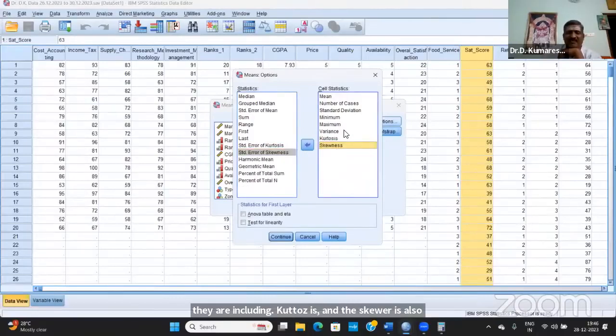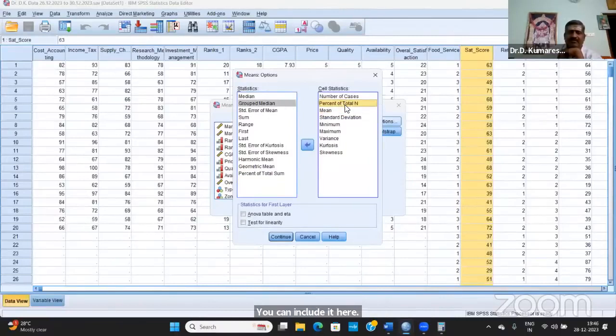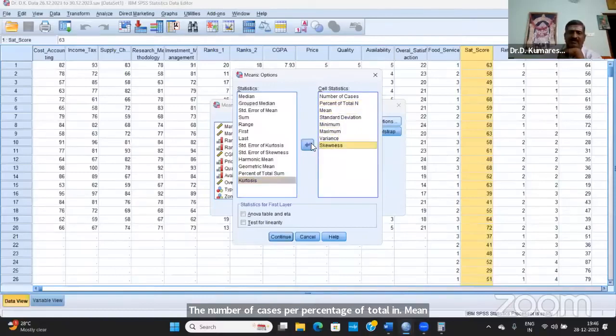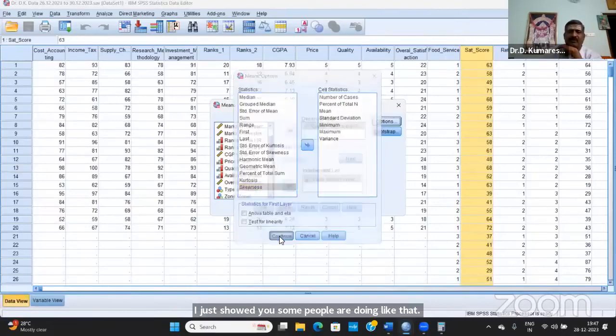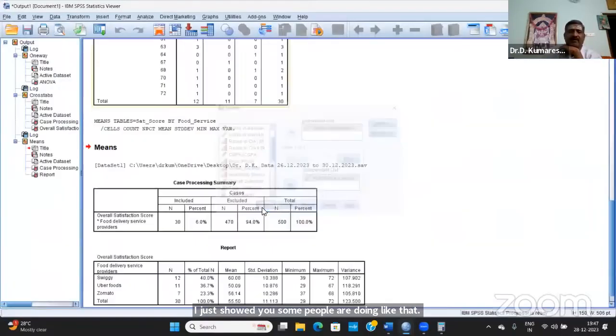See, number of cases may be taken to the top. Suppose percentage is also to be included, you can include it here. So number of cases, percentage of total N, mean, standard deviation, minimum, maximum. Kurtosis and skewness not necessary. I just showed you some people are doing like that. Now continue. Then click OK.